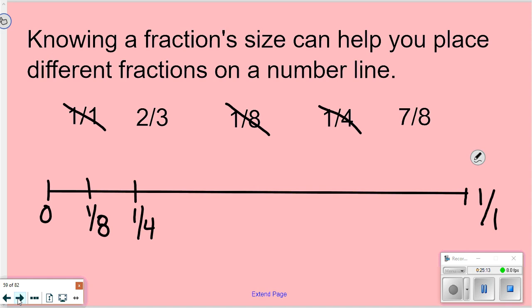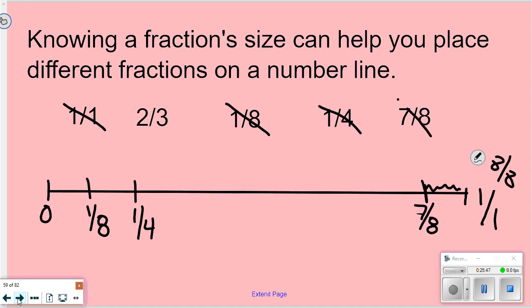I agree, but why? 2/8 goes before 1 whole. Yep. Huxley says, well, I know 8/8 is equal to 1 whole, so 7/8 is going to be really close, because a 1/8 piece to get me to that 8/8 is not very big. 7/8 is super close.